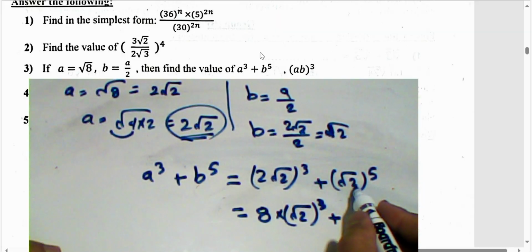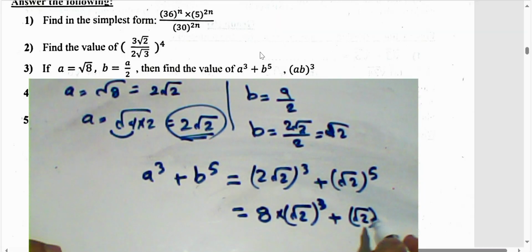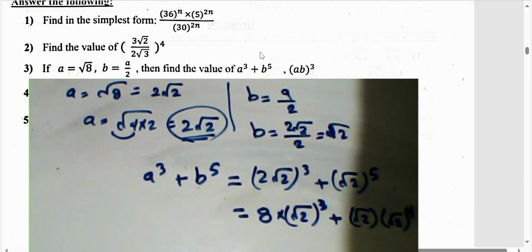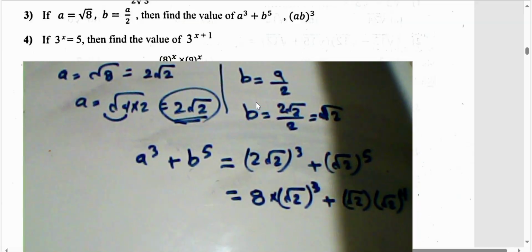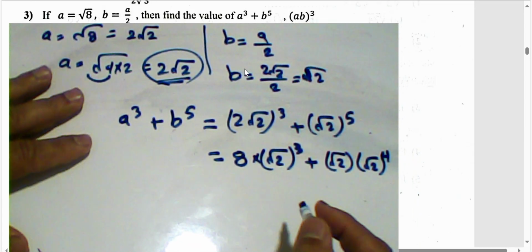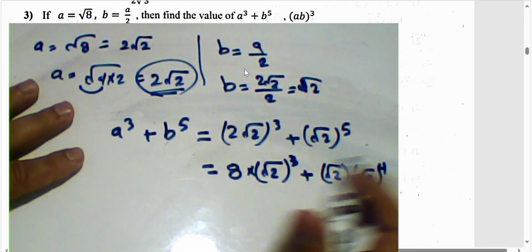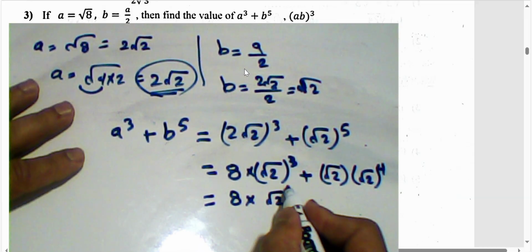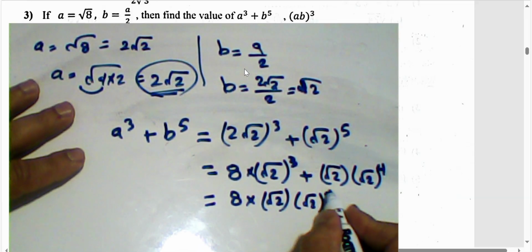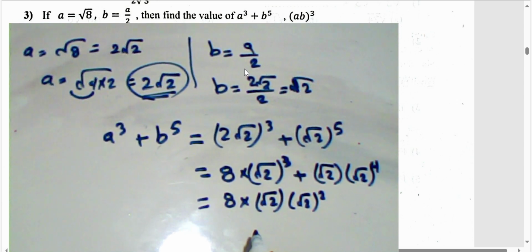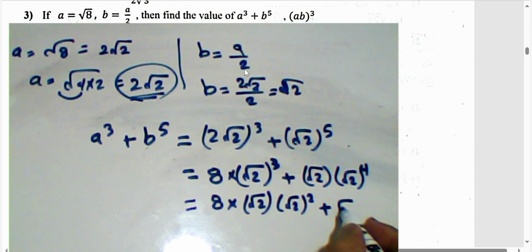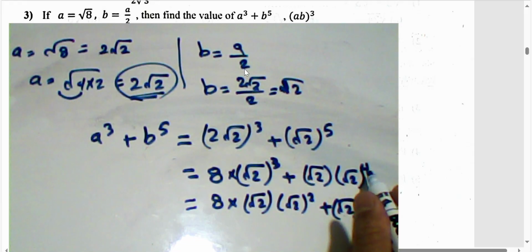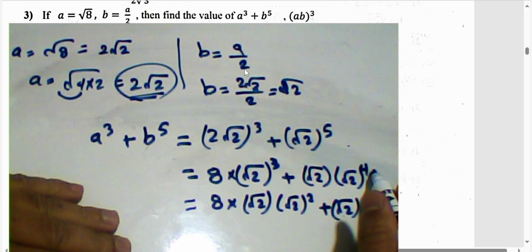And this number, root 2 power 5, we can write as root 2 power 1 product by root 2 power 4. Okay, you must use this tip to find the answer. You must convert the power here from odd to even, because half of an even power cancels the root. Or you must write here also root 2 power 3 as root 2 product by root 2 all power 2. Understood? Plus root 2 product by root 2 all power 4. Half of the power cancels the root.